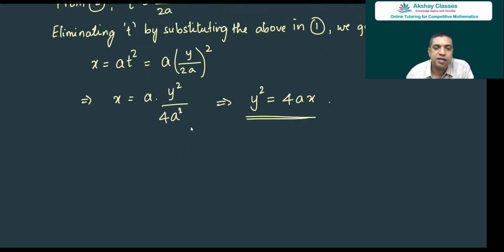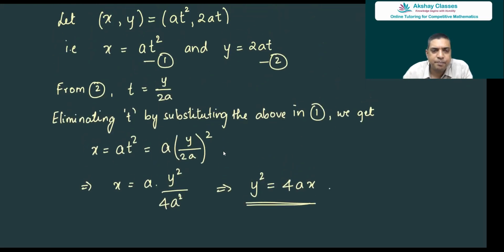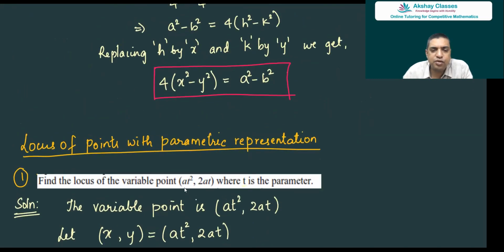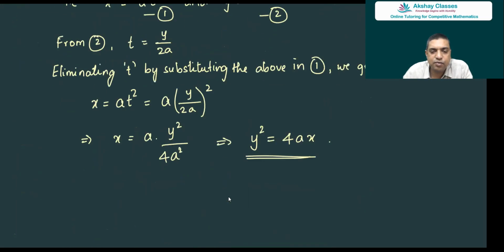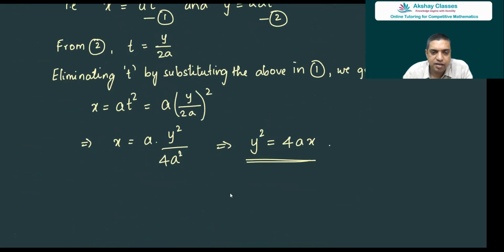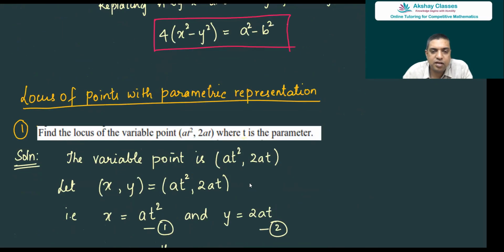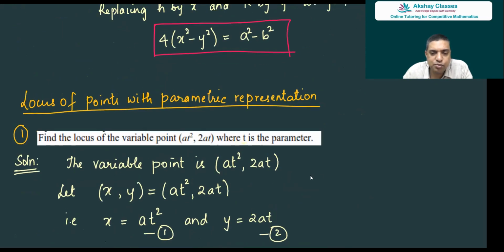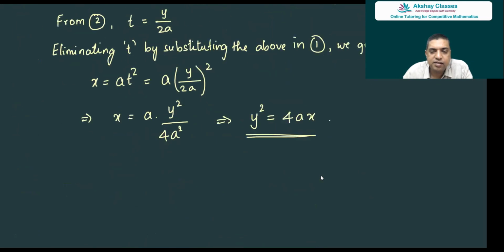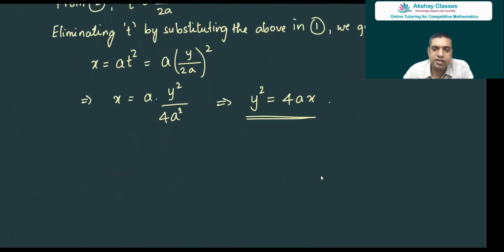So t is a parameter. You keep changing values of t: 1, 2, 3, 4, 5. Accordingly, x and y points keep changing, and you trace all those points, we get this equation y square equal to 4ax.